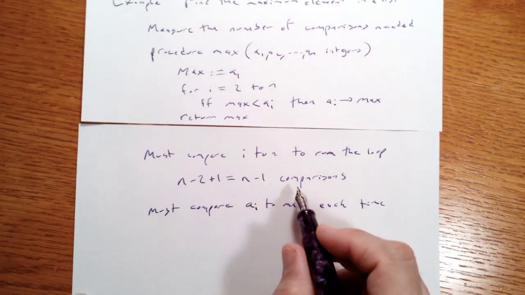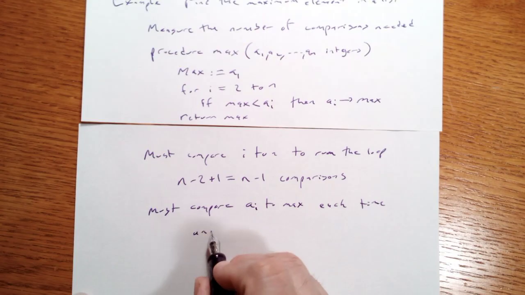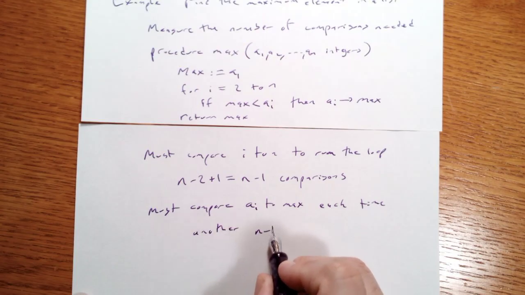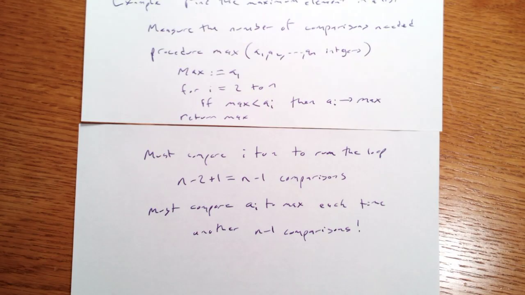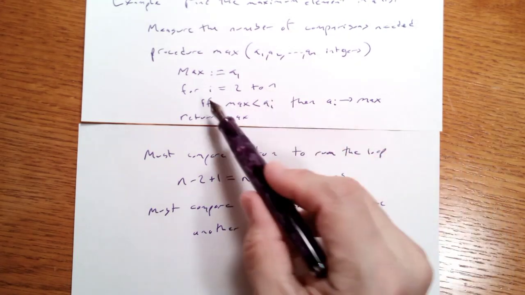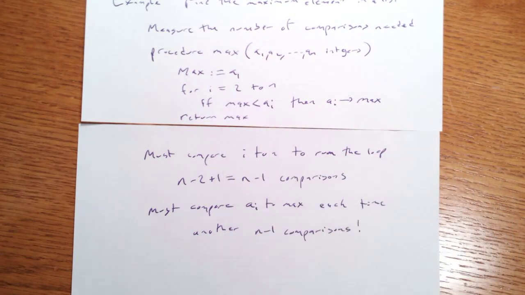Well, that's another n minus 1 comparisons. Wait a minute, that's a total of 2 times n minus 1 comparisons, right? Oh, wait. I also am going to check this one extra time, right?